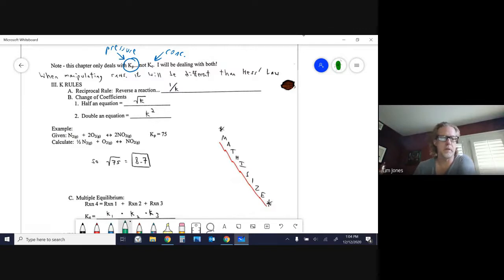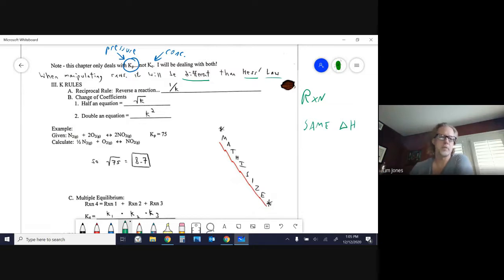I said, when manipulating reactions, it will be different than Hess law. Now, Hess law was really nice. Hess law basically said, whatever you do to a reaction, you do the same thing to the delta H. So you double a reaction, you double the delta H, you reverse a reaction, you make delta H negative, and so on.